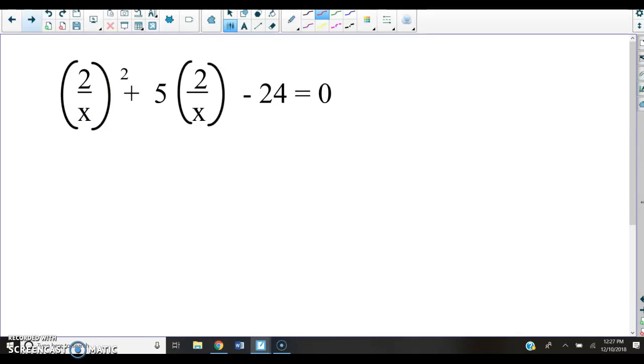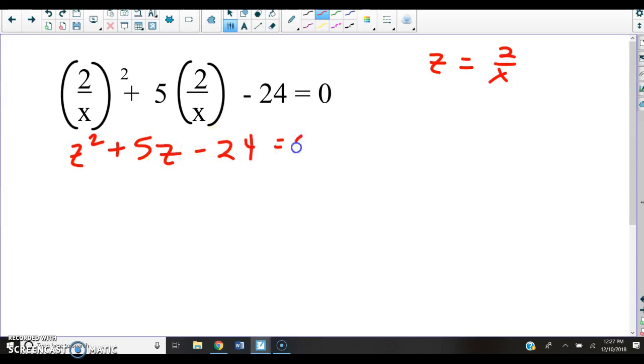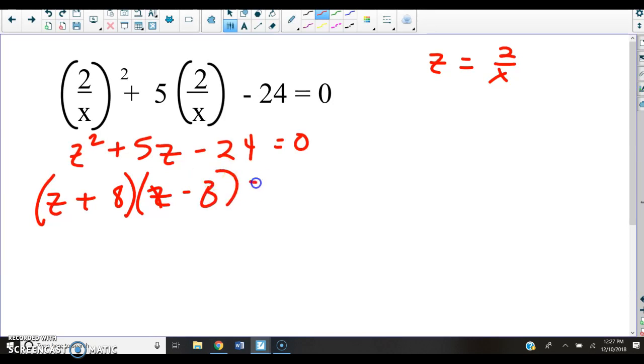Okay, they can be ugly fractions too. So in this case, I'd make my z to be 2 over x. So then I'd have z squared plus 5z minus 24. So that's going to factor into z plus 8, z minus 3, I believe. So my z equals negative 8 or 3.